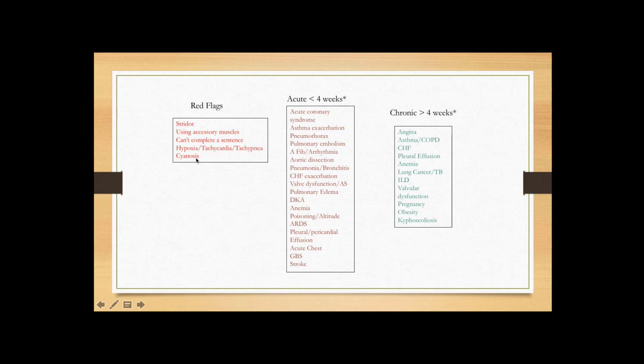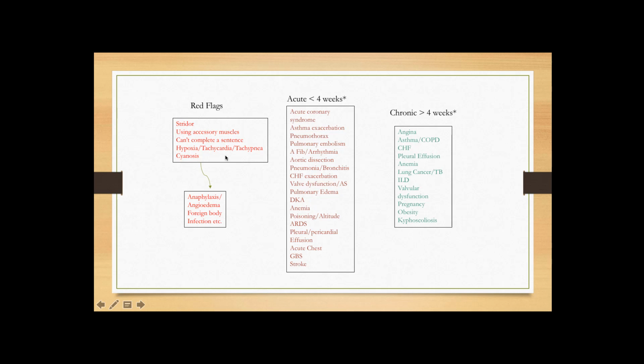We see more of this in pediatric situations, and we'll talk about that in a second here. So whenever you see any of these symptoms or signs in the presence of dyspnea, then it means it's a red flag situation. So that is why, in addition to looking at vital signs, we should ask about these things or look for these things whenever we are evaluating a patient, and then ask about duration.